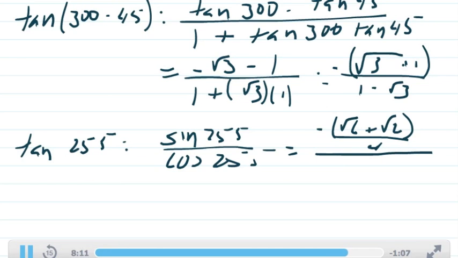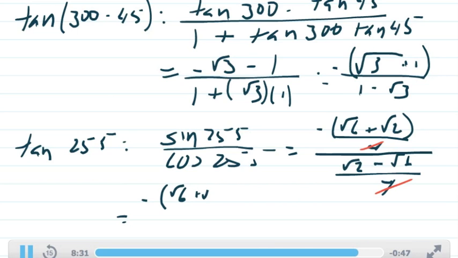And the cosine is square root of 2 minus square root of 6 over 4. Well, the over 4's cancel, and that leaves us with the tangent is minus square root of 6 plus square root of 2 over square root of 2 minus square root of 6.